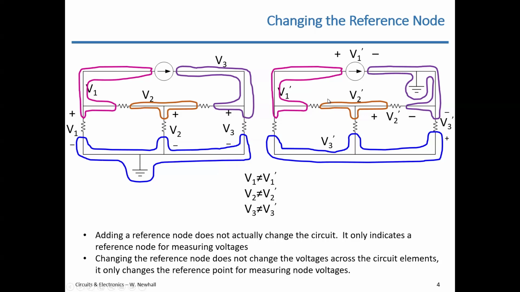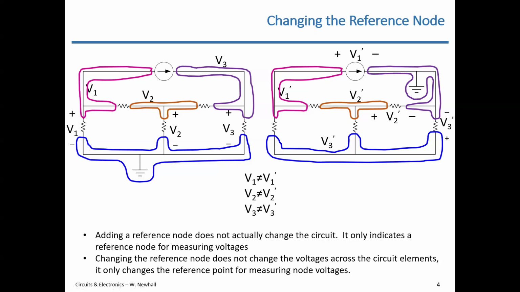You have the same currents through each resistor. I'm not actually changing the circuit when I add or move a single ground symbol in a circuit. What I am doing for node voltages is moving the negative side of all the node voltages where they're defined.